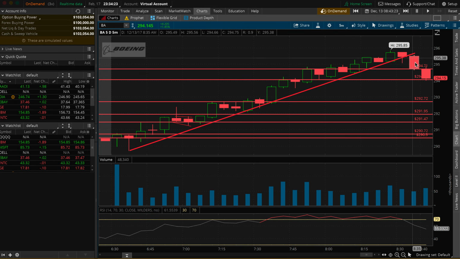It broke our trend line. It broke our support. Looks like it's going to close below our support. Maybe I'll jump on some puts. And we could do that. Let's see. This closed below our trend line. This one is below our support. So let's jump on some puts.